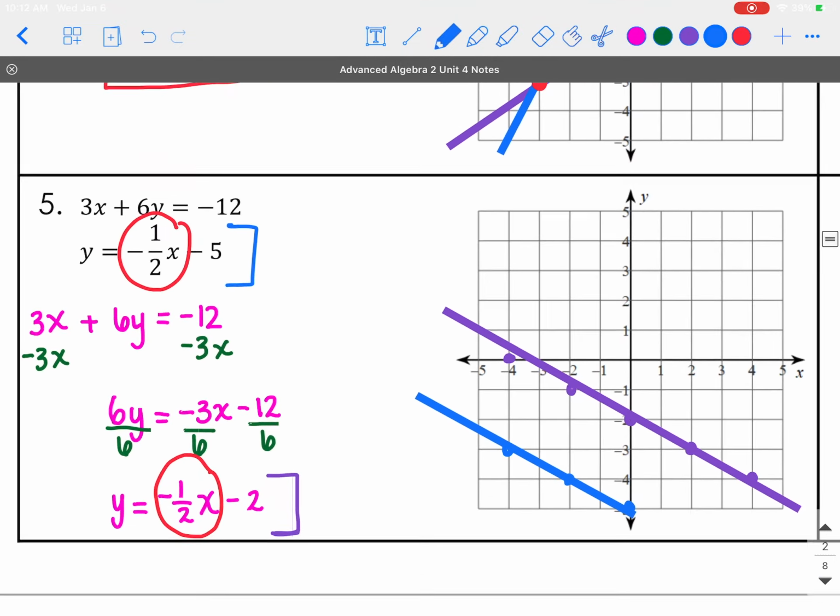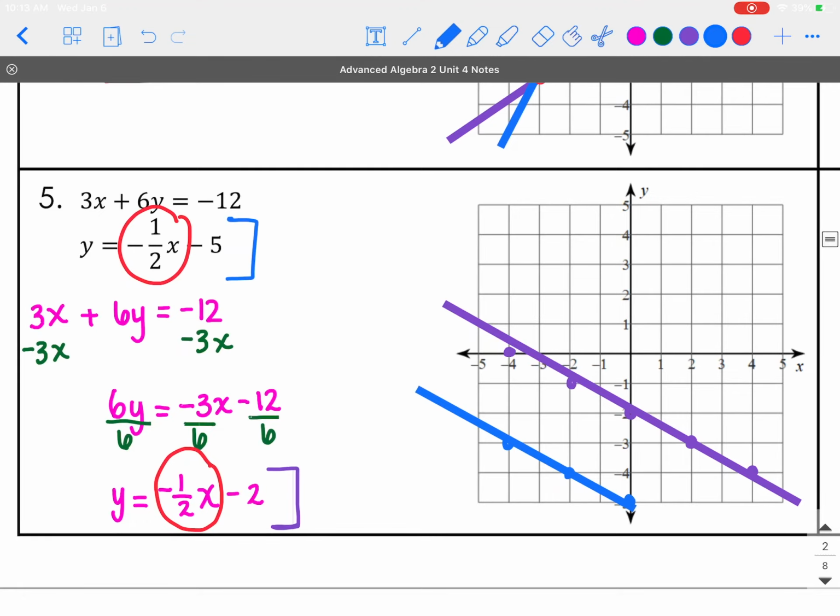Now, I said before, if your lines never cross, it could be that you messed it up. And I mean that if your lines are clearly not parallel and they don't cross, then you probably messed it up. But these are parallel lines because they have the same slope, which means that they have no solution.